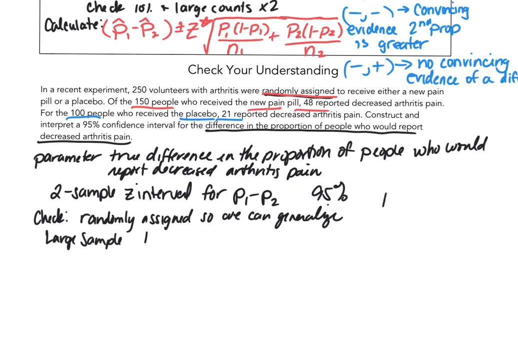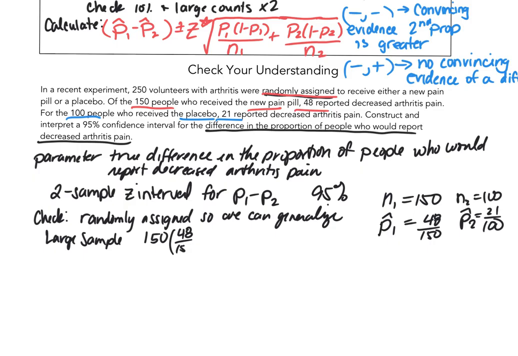So our N1 is 150. Our P hat 1 is 48 over 150. And our N2 is 100. And our P hat 2 is 21 over 100. So if I have 150 times 48 over 150, that's 48, which is greater than or equal to 10.